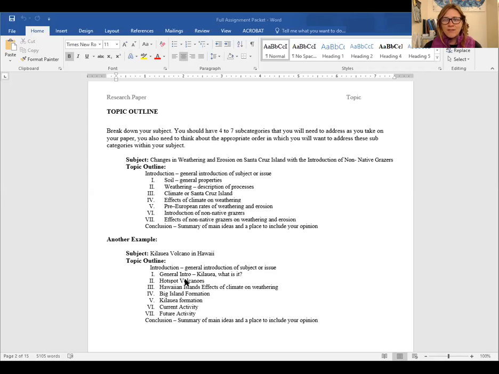And then you'll see, instead of trying to sit down and just tackle that topic in its entirety, I did a little bit of reading, and then I organized my thinking. I said, in order to really understand this topic, first of all, I need to know some basic characteristics about soil. I need to know some basic characteristics about weathering of soil.